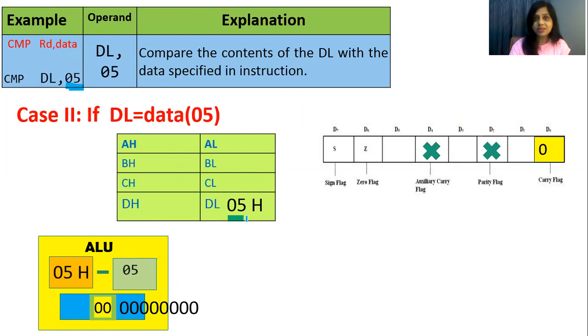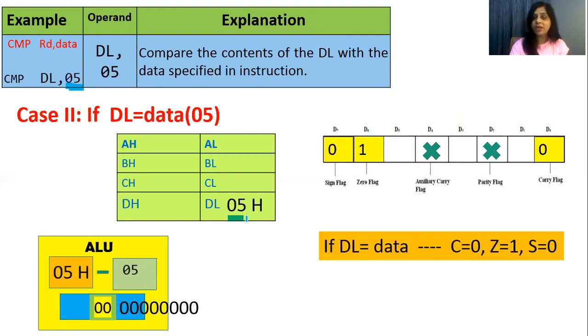Now result is 0. Now since result is 0, zero flag should set to 1. Now 0 is always a positive number, so sign flag is 0. So what we can conclude, if DL holds the same number which is specified in the instruction, then we get this particular pattern of flags.